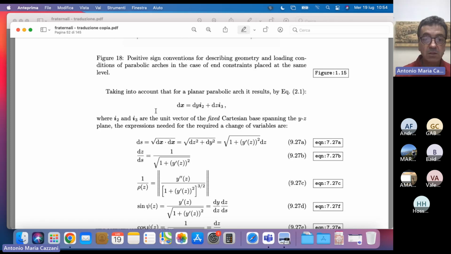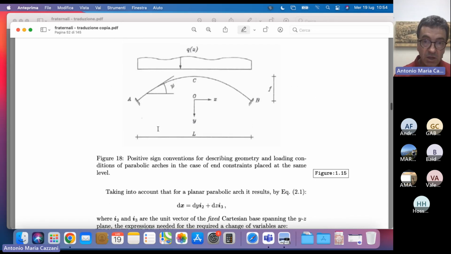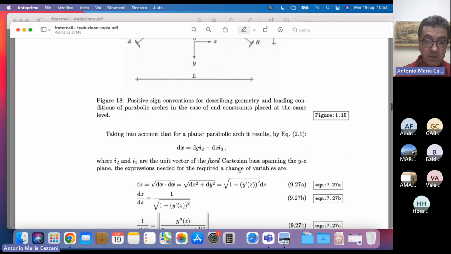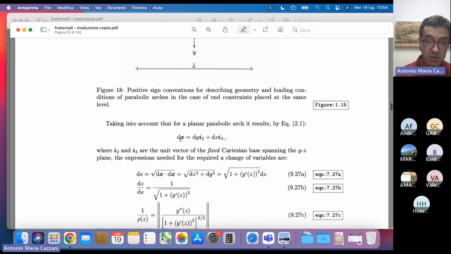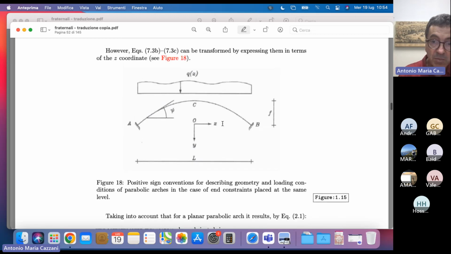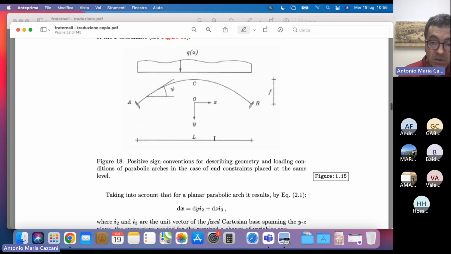And so using some differential properties, we can see that a general portion of the arch can be written in this way, an infinitesimal one. So the length of the arch is simply the square root of the dot product of dx with dx. And so we can write finally that ds is given by dz multiplied by the square root of 1 plus the derivative of y with respect to z squared, in the sense that we take z as the independent variable and y as a dependent variable on z.